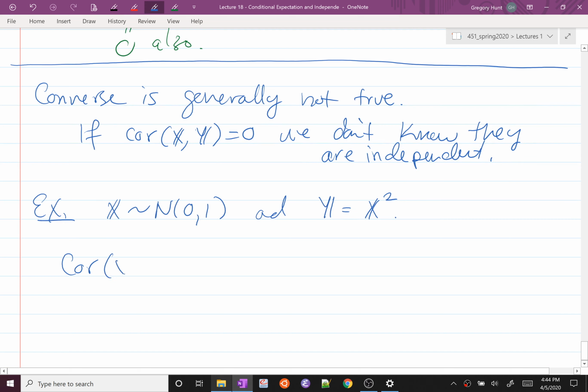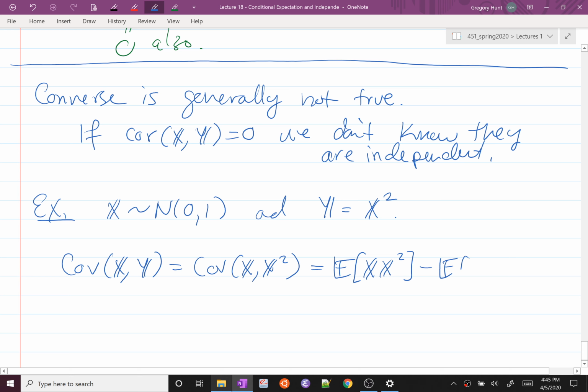Let's look at the covariance because it's simpler. The covariance of x and y is the covariance of x and x squared. And the shortcut formula says this is the expected value of x times x squared minus the expected value of x squared times the expected value of x. This is what our shortcut formula is.